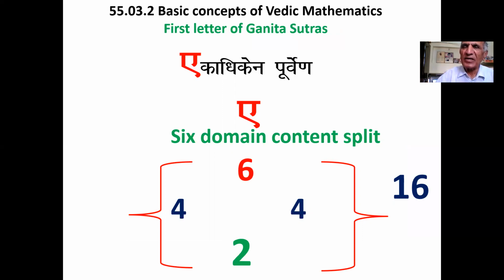It takes us to value 6 and then to a 6-space domain. Now, 6-space domain as a content, when it splits, makes a spectra of 6, 4, 4, and 2.